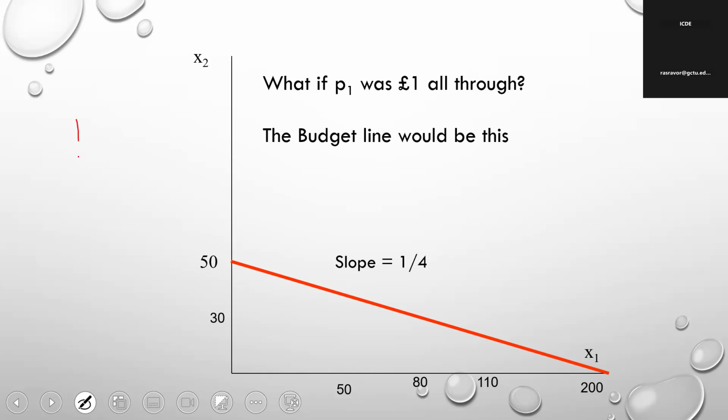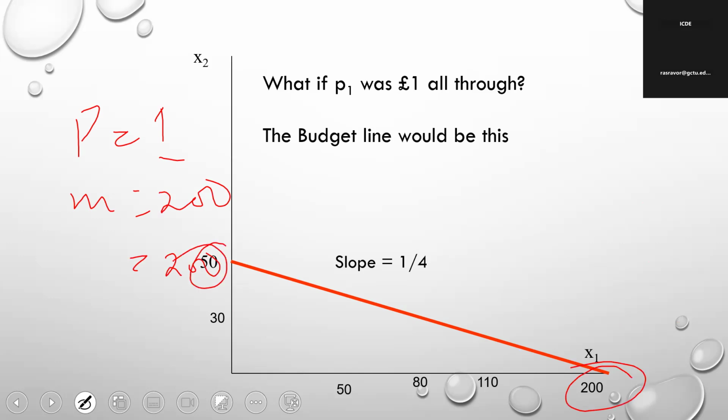If P1 is equal to 1 cedi, then with my income of 200, I can buy 200 units. And this will still be 50. So that's how come you see the straight line.